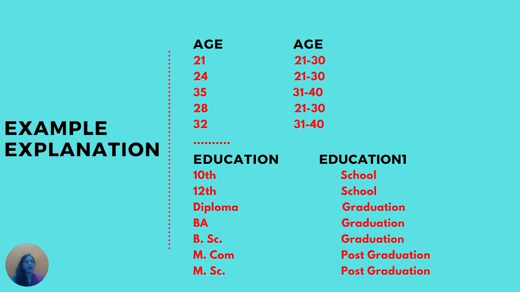Whatever age groups we have decided, according to that we can replace 21, 24, 28 by the 21 to 30 age group, and 32 and 35 we can keep under the 31 to 40 age group. This way we replace the original age variable with the different age groups.